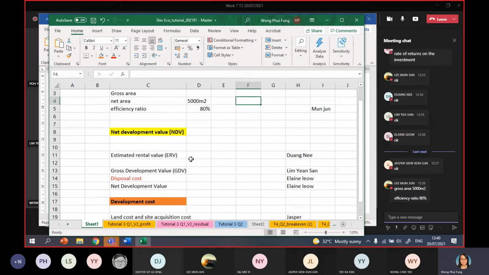If you are not so sure, you can use the formula: efficiency ratio equals net area divided by gross area times 100%. Okay, so Manjun, is the gross area ready?